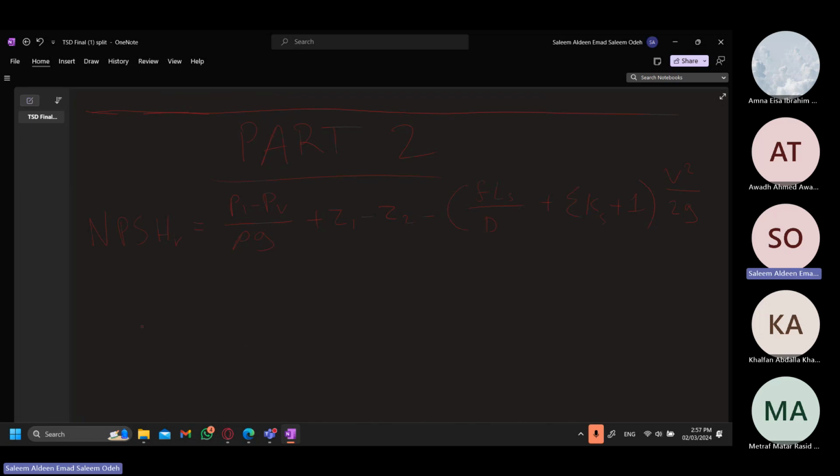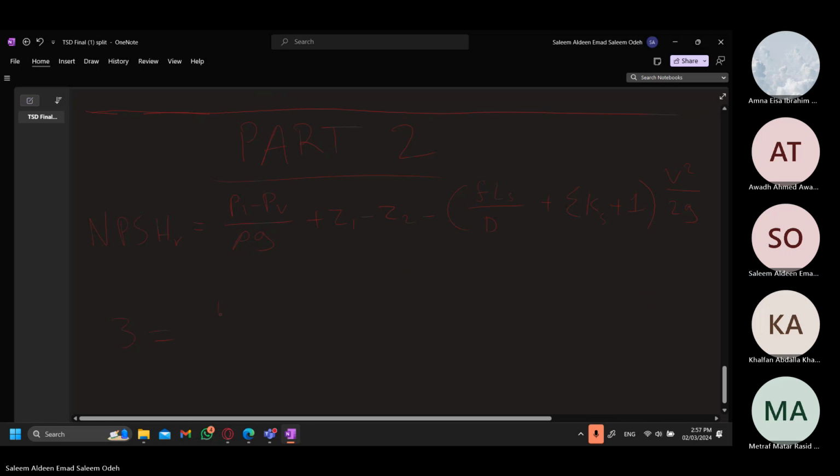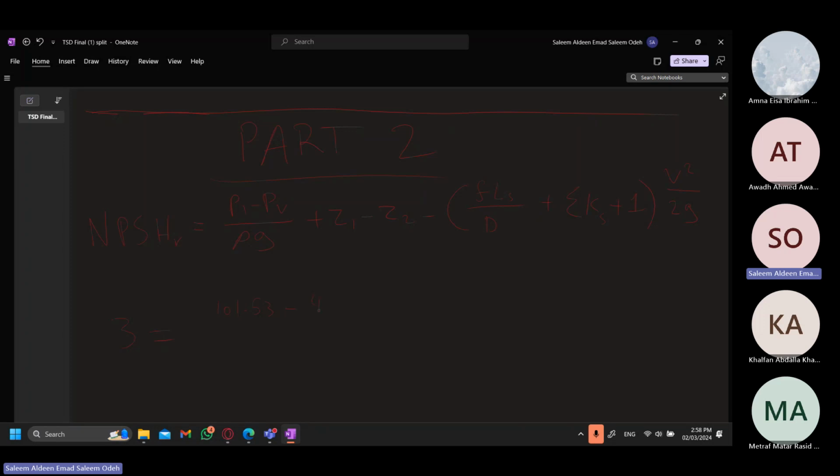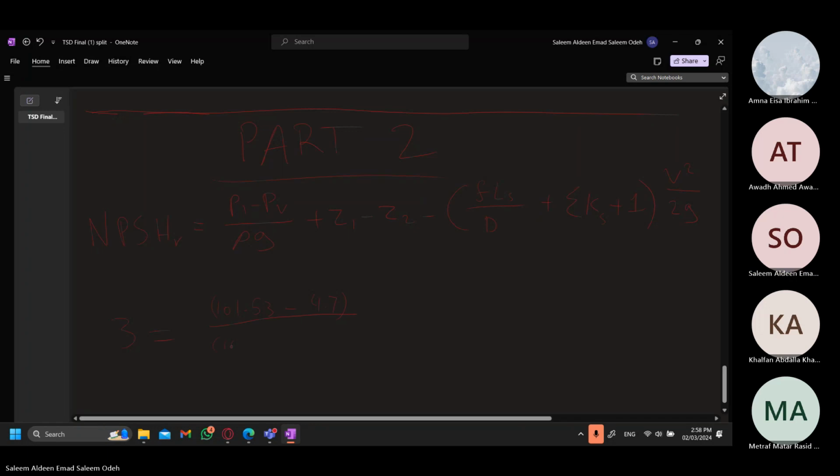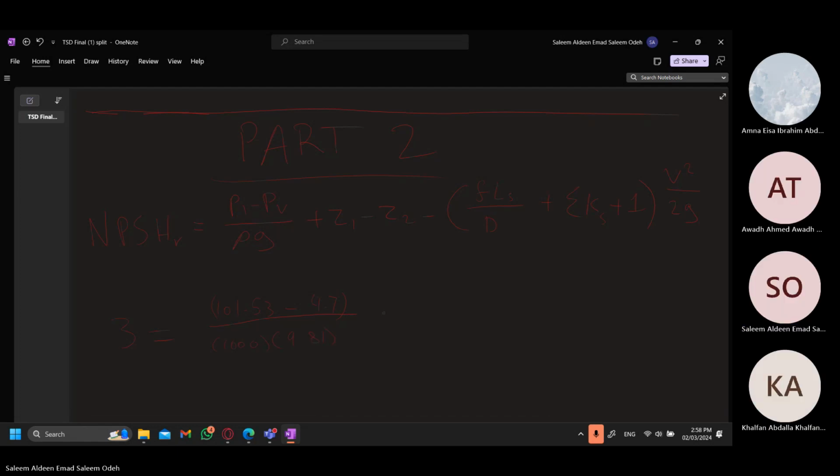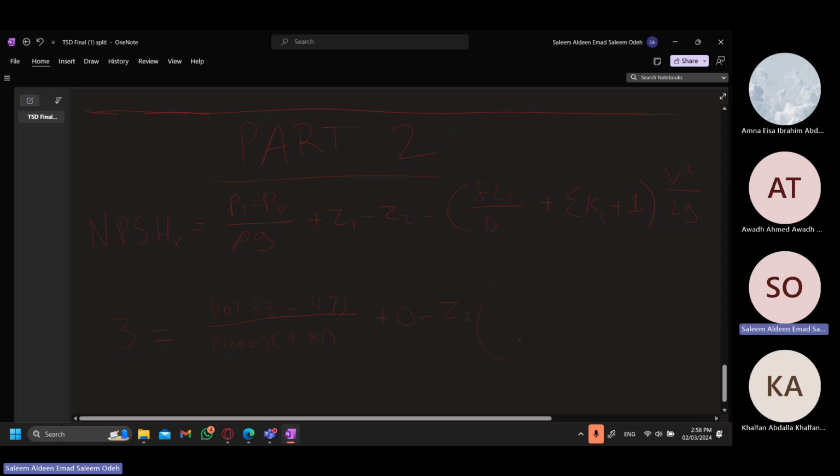So they gave us the net pressure suction head required. P1 is the atmospheric pressure minus PV, 4.7, over 1000 times gravity. Now Z1 we'll assume to be 0 since it wasn't mentioned. So Z1 equals 0 minus Z2, which is what we need to find.